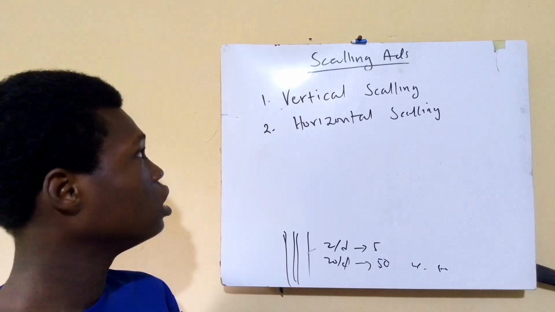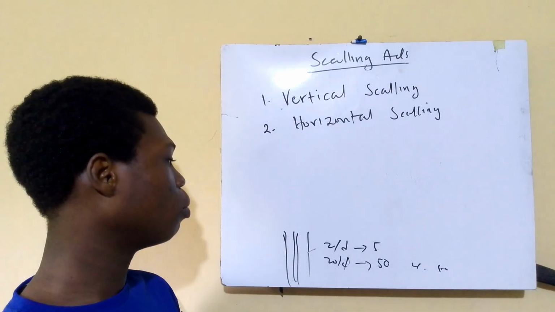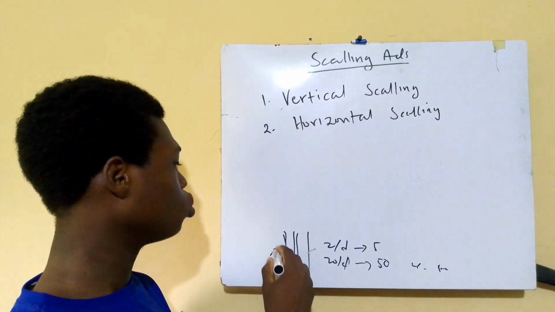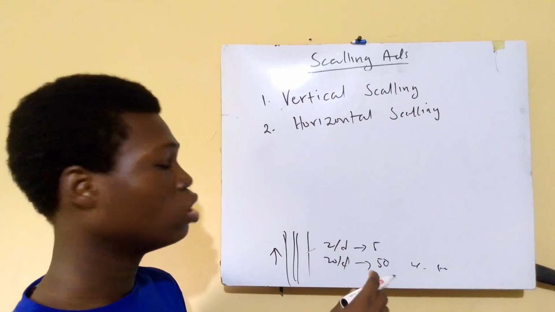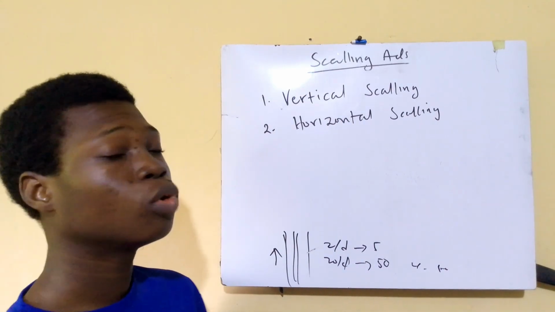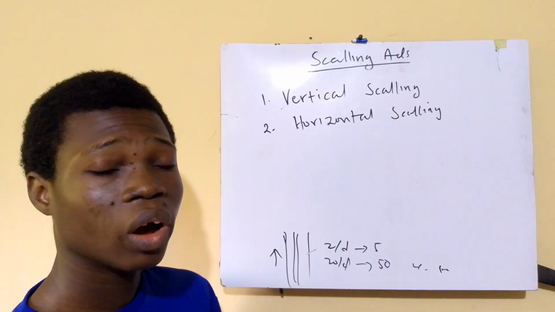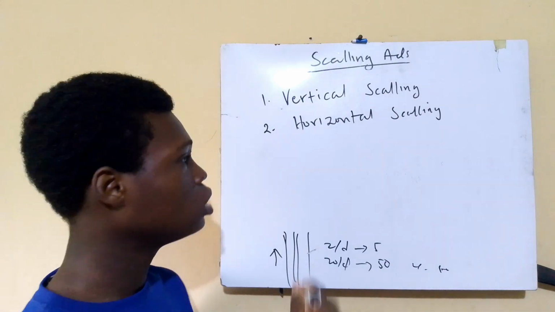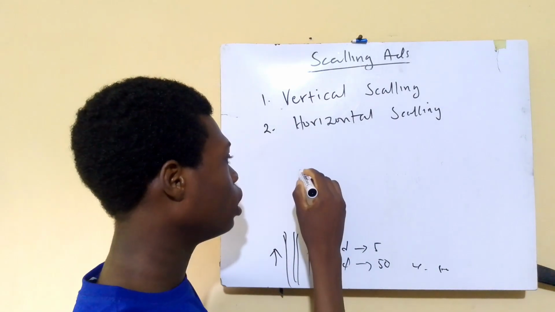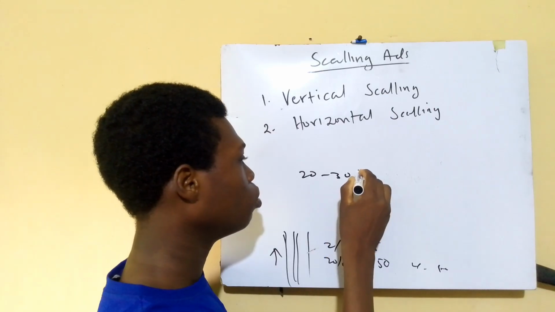So vertical scaling just means that you're able to increase your budget over time so that you still consistently get the result that you are getting, or get more than whatever you are getting. Now, one thing that you must get about scaling your ad vertically is the 20 to 30% rule, right? 20 to 30% rule.